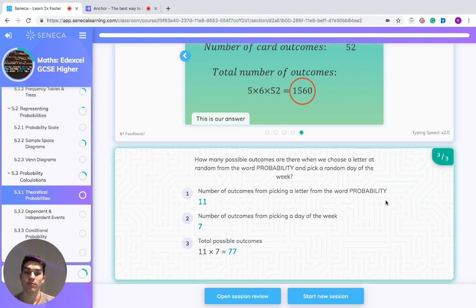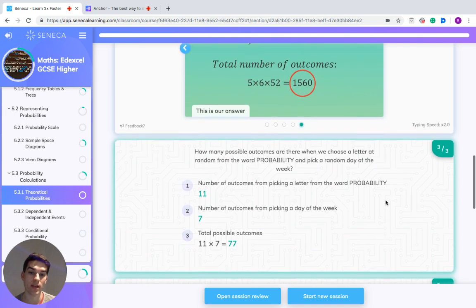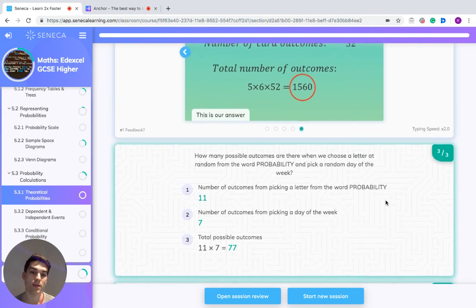So there's 11 possible things that we could pick from that. There's also 7 possible days of the week we could pick. So to work out the total number of ways we could pick a letter and a day from the week, we do 11 times 7, which will give us 77. So there's 77 different ways we can pick a letter from probability and a day of the week.